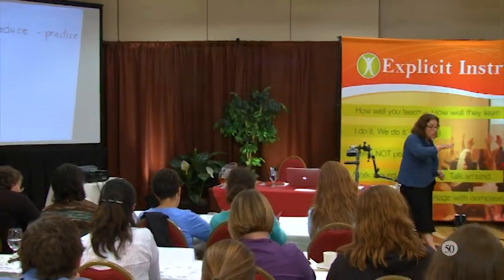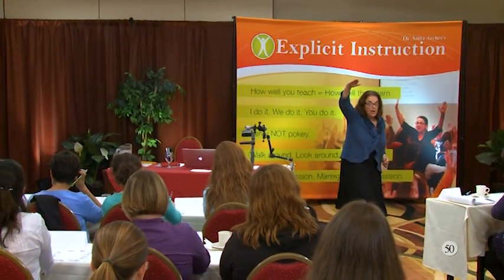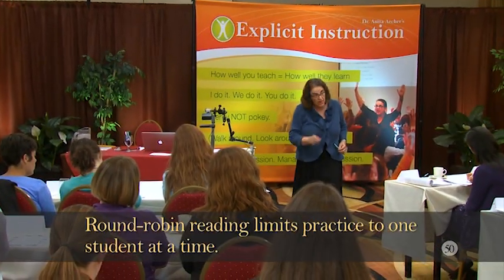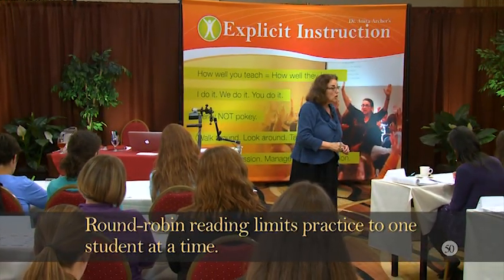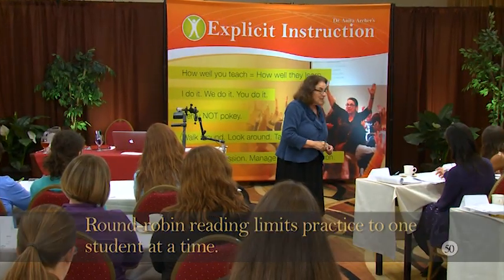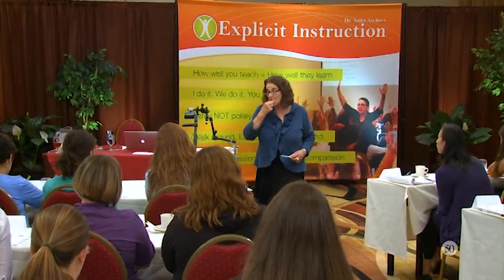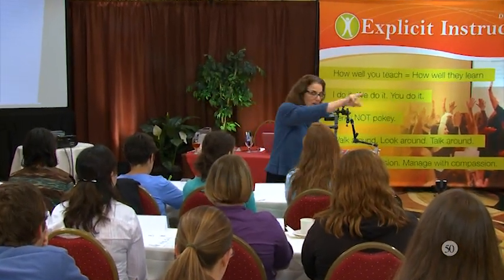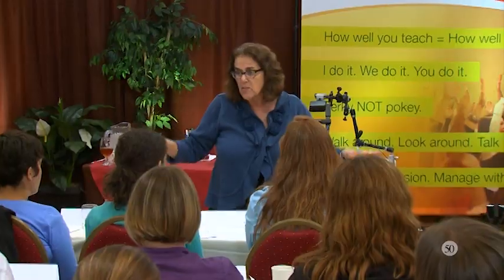So as the numbers in my class go up, the amount of practice the students receive goes down if I solely utilize round-robin reading. And some of you, as you've shared with me, have fairly large classes. If I have 20 students and I call on them individually, I might not even get to everyone in a reading lesson. And so I'm reducing the amount of practice.